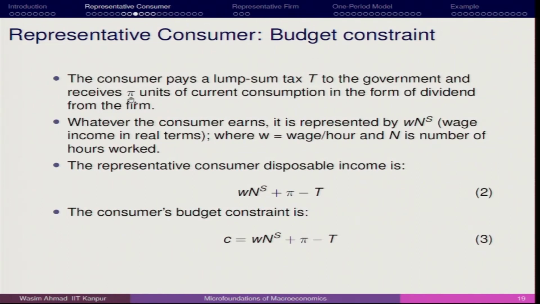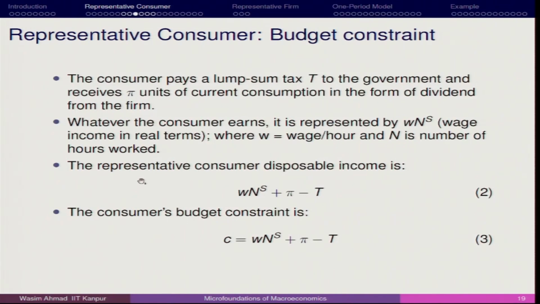And pi represents dividends. Whatever the consumer earns from work is represented by WNS, so the wage income is linked with the amount of labor supplied, where W is the wage per hour and NS is the number of hours worked.